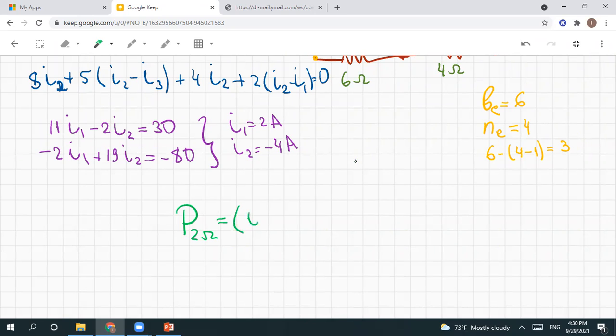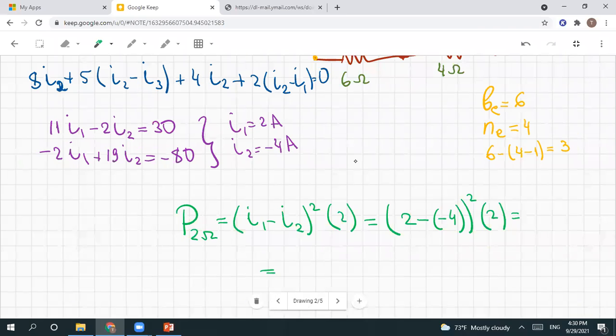So the current is I1 minus I2 square, and times the resistor, which is 2 ohms. And the I1 is 2 minus 4, negative 4 square, and times 2, and this will be, so 2 plus 4, it will be 6, 6 square, it will be 36, and times 2, and this will be 72 watts.